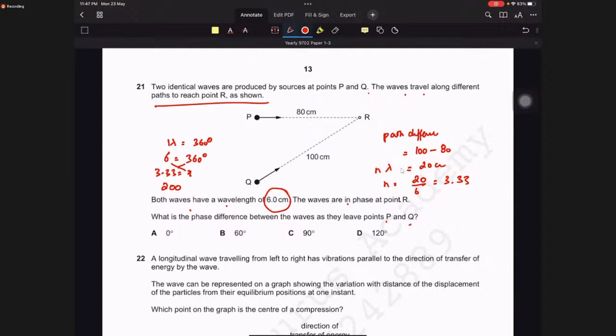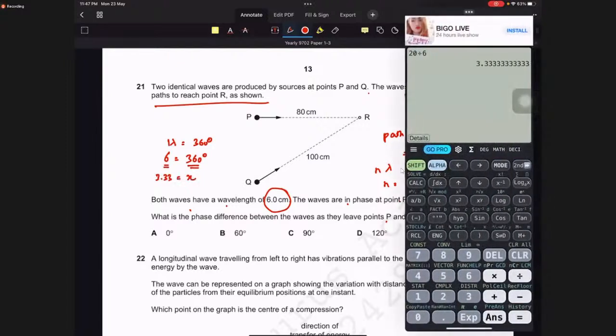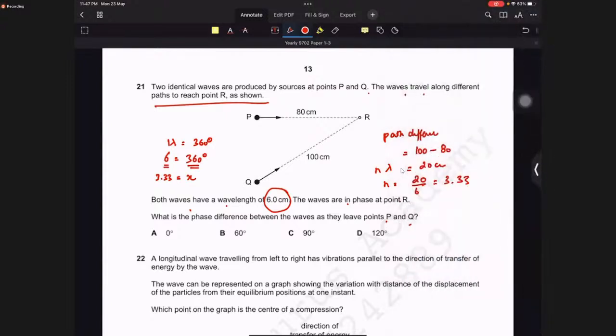We have a path difference of 6 centimeter. If they had 1, it would be 360 degrees or possibly 0 degrees. Then a path difference of 3.33 should give us the right answer for some reason. Let me try again. 360 times 3.33 divided by 6, 199 point this.